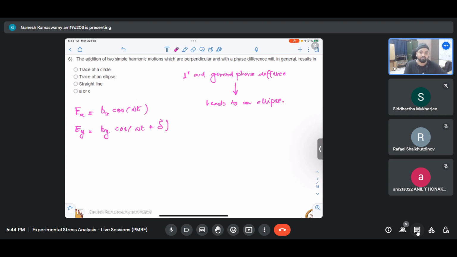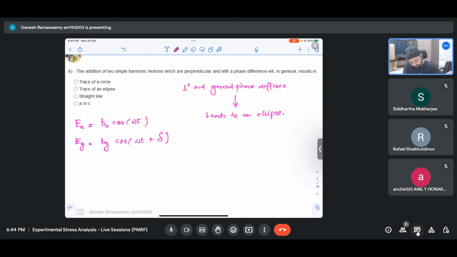If there is a relative retardation, we can distribute it and we'll be able to see that the tip, which represents the magnitude of this light vector, will trace the path of an ellipse in general. Under special conditions of this retardation, it will fall into being either a circle or a straight line. So in general, it represents an ellipse.